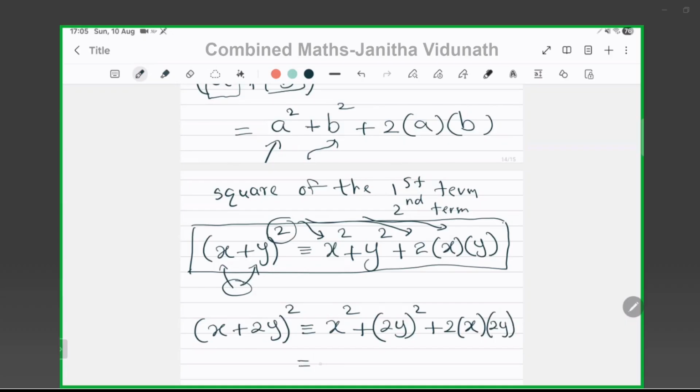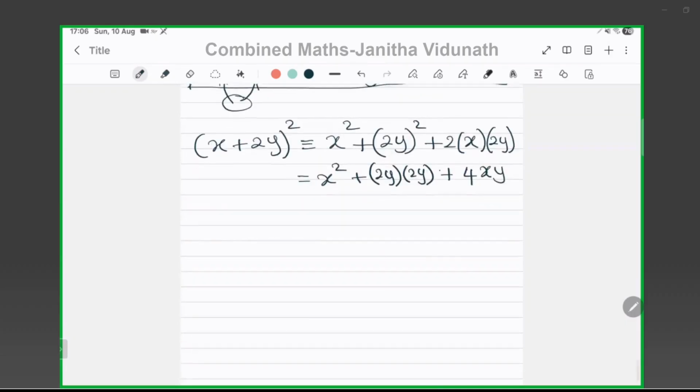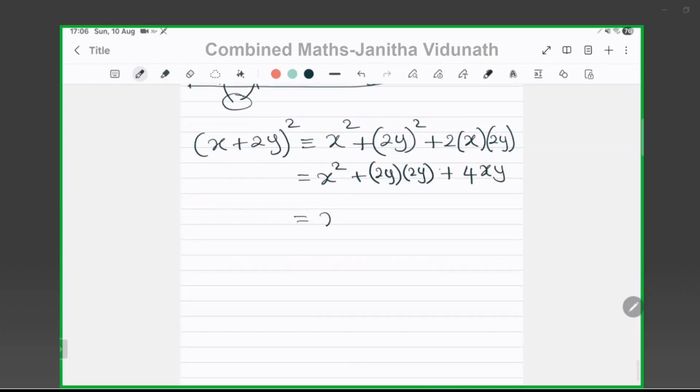Then we finally get x square plus 2y times 2y, plus 4 times xy. Here we get x square plus 2y times 2y means 2 times 2, 4. Y times y, we get y square. Then we get 4 times xy.